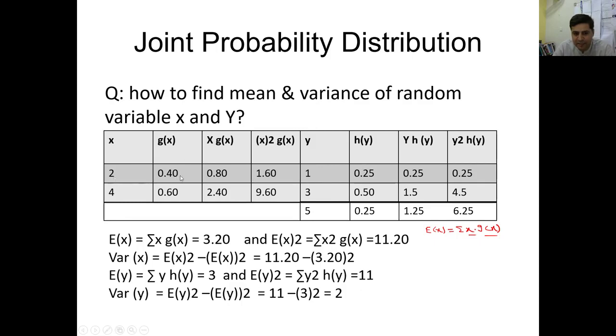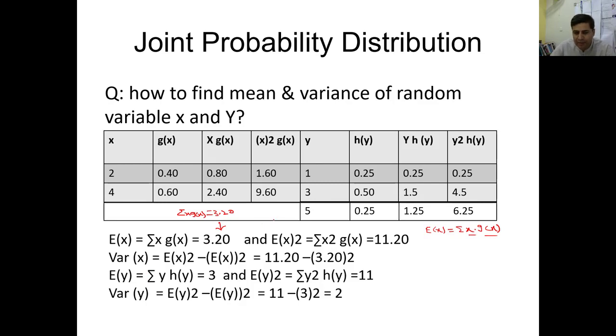So 2 multiplied by 0.40 is 0.80. 4 multiplied by 0.60 is equal to 2.40. When you add all of this in this column, it will be equal to 3.20. And this is the summation of x into g(x). So this is the mean.